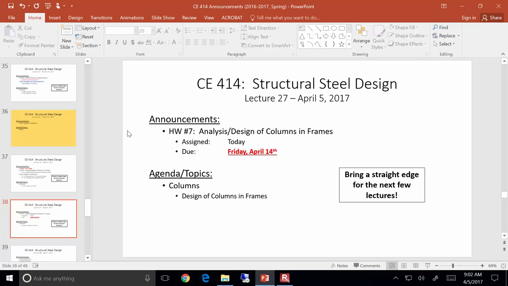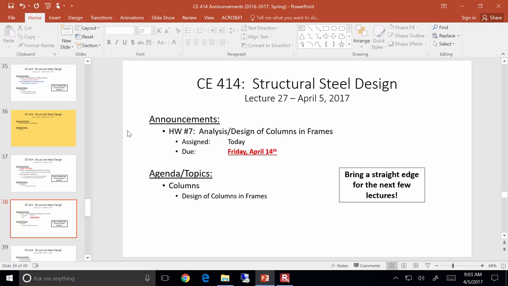So, sound good? Okay. This homework is honestly pretty short. It will be a little repetitive, but I think that's kind of the point. On problem 1, I'm giving you a frame, with a bunch of different members and a bunch of different boundary conditions.